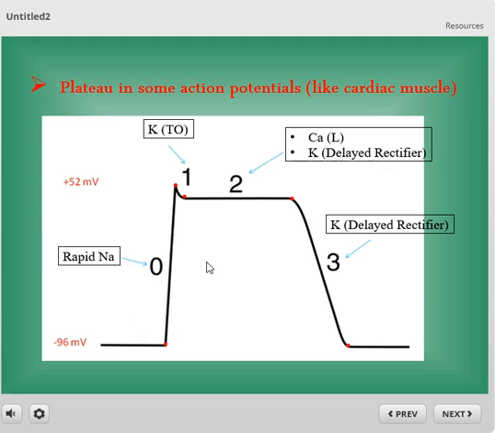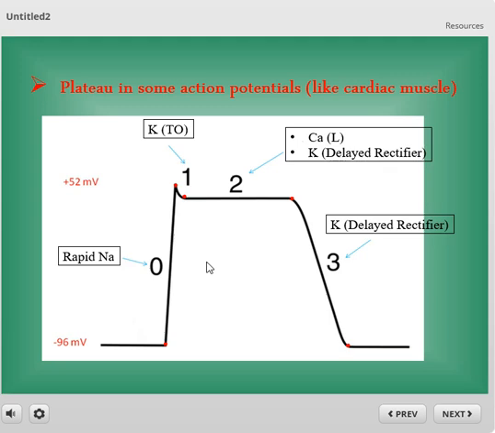Okay, in step 0, the rapid voltage-gated sodium channels are open, and at the top of this step, these channels close suddenly, and the transient outward potassium channels are opened. You see the voltage is decreased because some potassium exits from the cell and flows out of the cells.